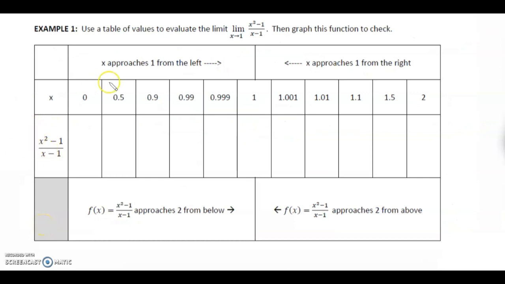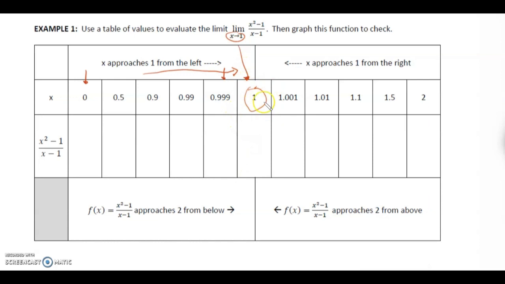Example 1: use the table of values to evaluate the limit of the function x squared minus 1 over x minus 1 as x approaches 1. Then graph this function to check. Okay, so from 0 all the way to 0.999, as x approaches 1 from the left-hand side, we're coming in from the left. 1 is going to be the number that we're evaluating at, the limit as x approaches this value.